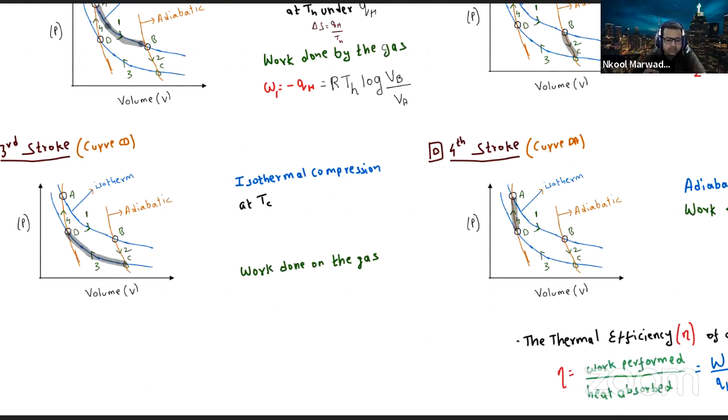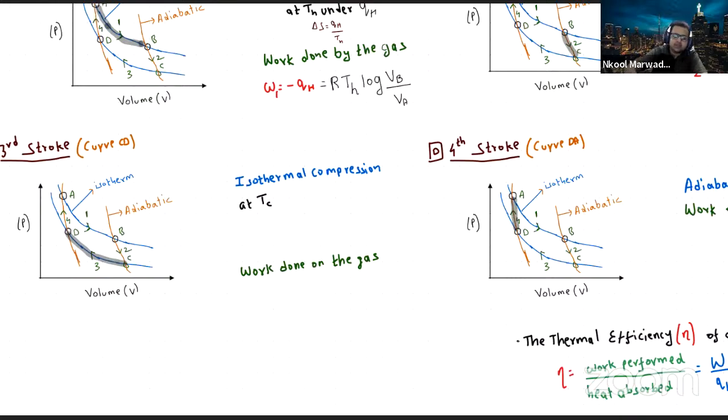Now here what happens is that the gas is placed in contact with the cold sink. In the third stroke, the gas is placed in contact with the cold sink, and hence it undergoes compression.